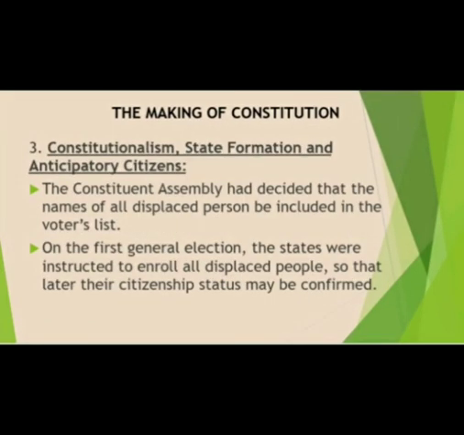Now we will study constitutionalism, state formation, and anticipatory citizens. The various flow of communication between the government functionaries across ministries and departments, the Constituent Assembly and the Legislative Assembly gave an insight into the inner functioning of the state.